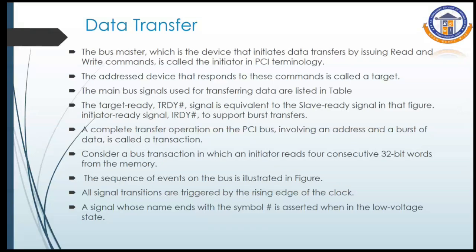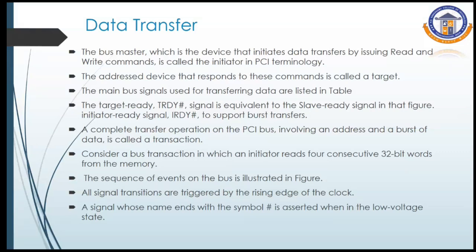Initially, the bus master is the device that initiates the data transfer by issuing a read or write command. It is called an initiator. The addressed device that responds to these commands is called a target. Whether it is a processor or here a PCI, the PCI will initiate the data transfer because the processor will send the command for what it needs.